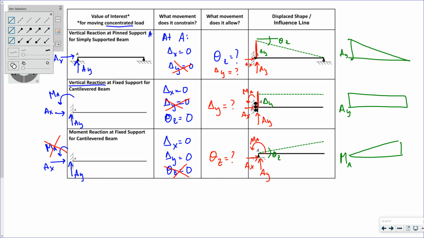The closer you get, the smaller the moment arm is. So it's going to decrease. My maximum moment occurs if I put my concentrated load way out at the end of the beam. So those are examples of taking out your reaction constraint and finding the displaced shape, right?